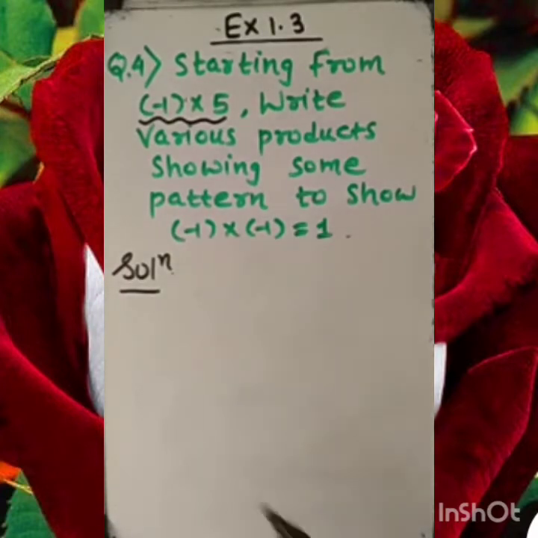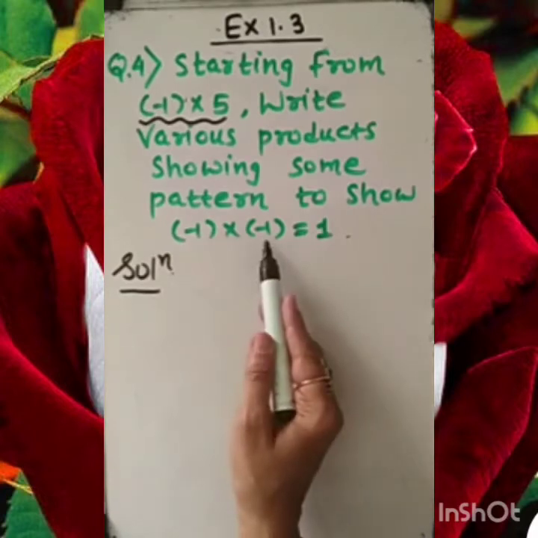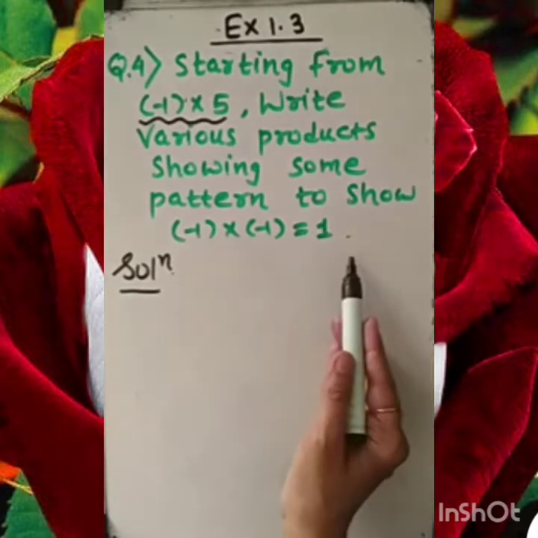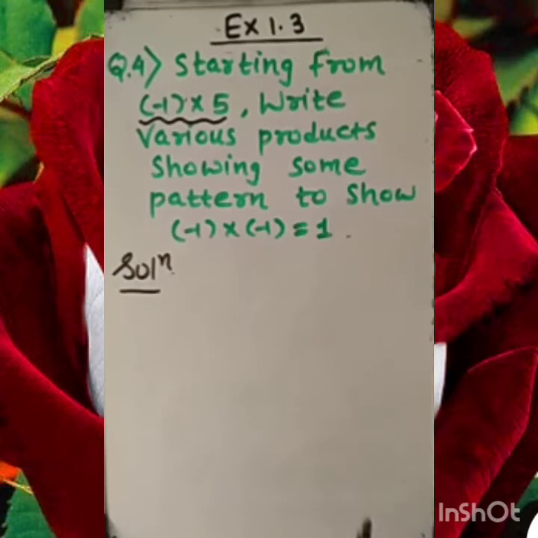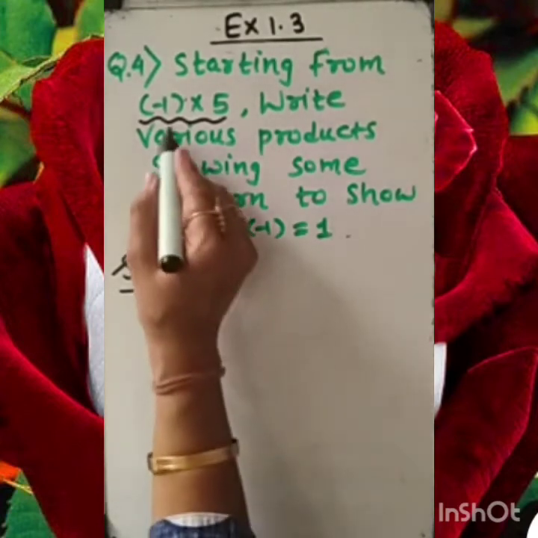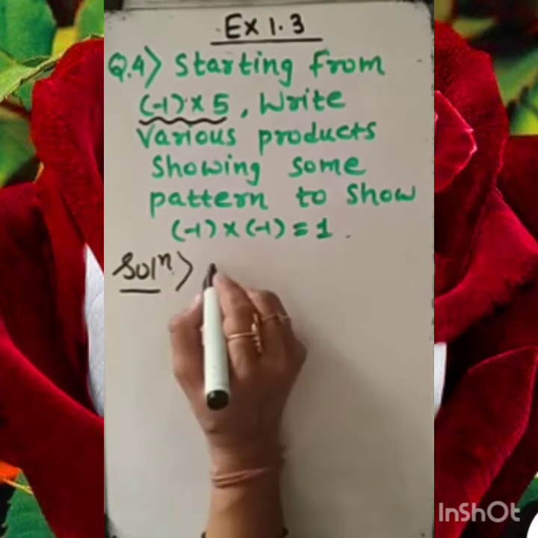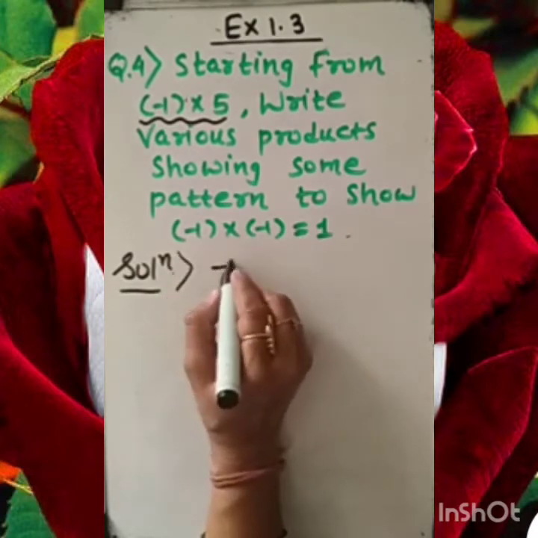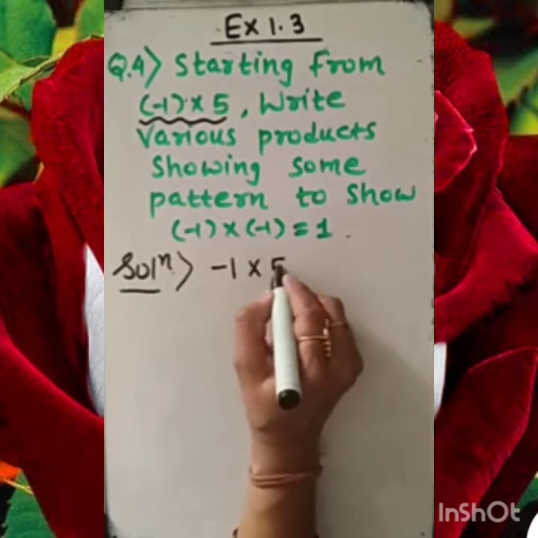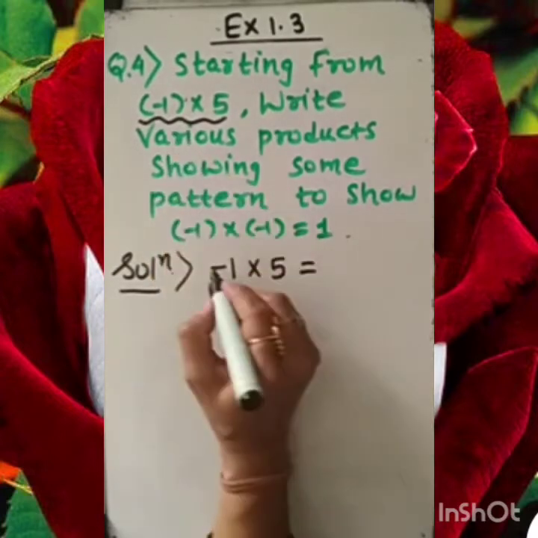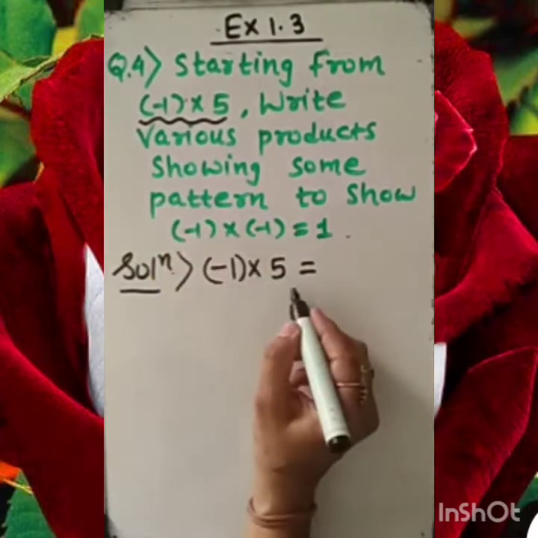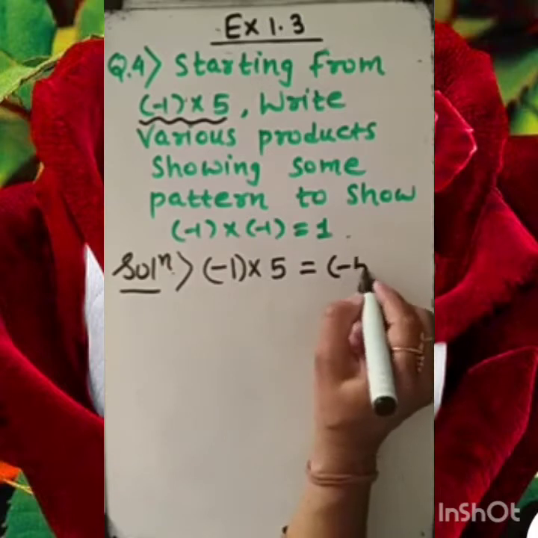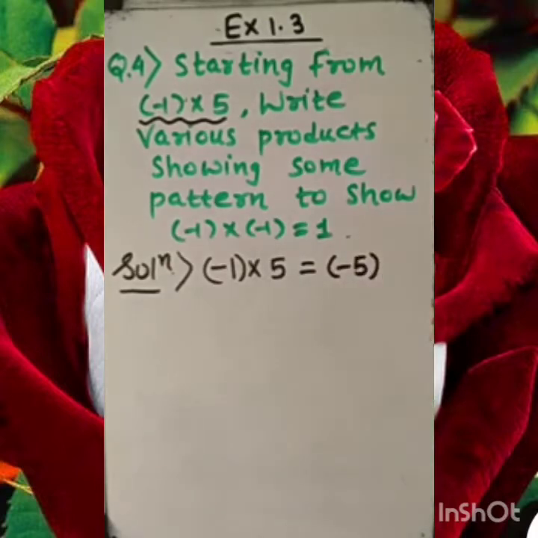The product of two negative numbers, minus 1 into minus 1, is always 1, that we need to prove. So let's note down minus 1 into 5. Of course it gives the result minus 5. We are starting with this.